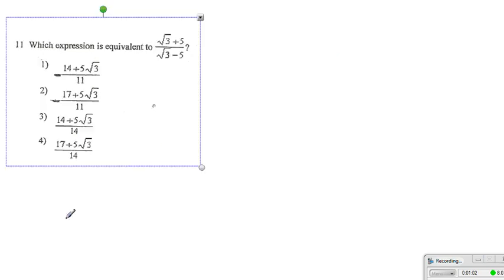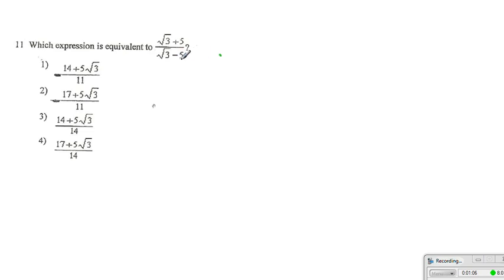All right, let us look at the next question. When we want to rationalize the denominator, all we have to do is multiply top and bottom by its conjugate, radical 3 plus 5, same thing top and bottom.